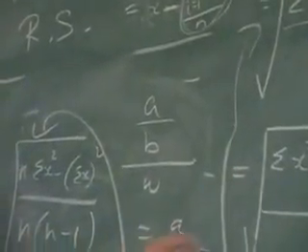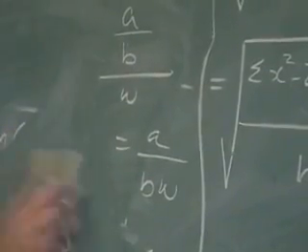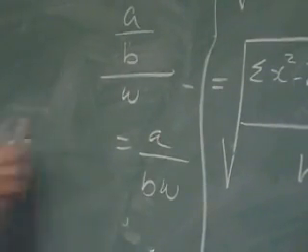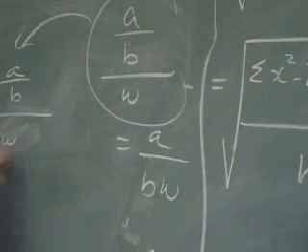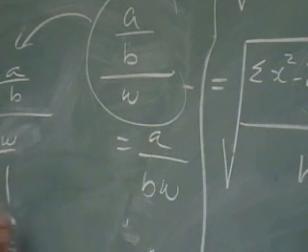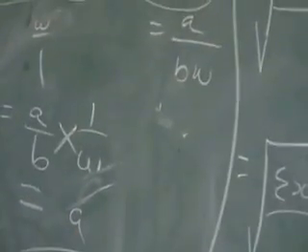Do you know that that is the same thing as that? The reason why is, think about it this way. This is the same thing as this, right? Which is the same thing as, turn this into multiplication. What do you have to do with that? Okay, flip it. What's a times 1? A.